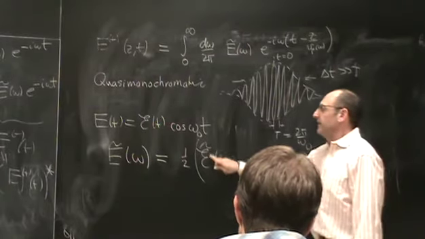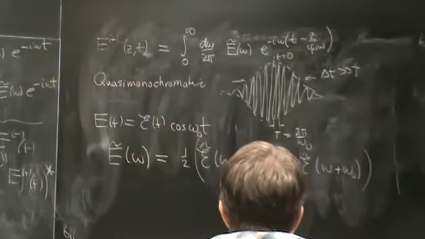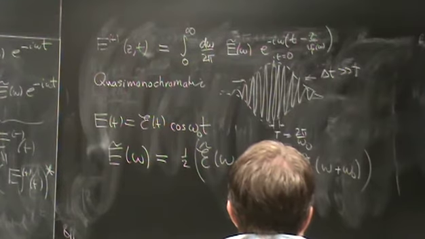So T tilde is the Fourier transform of the envelope function. Remember that? We talked about this a few lectures back.